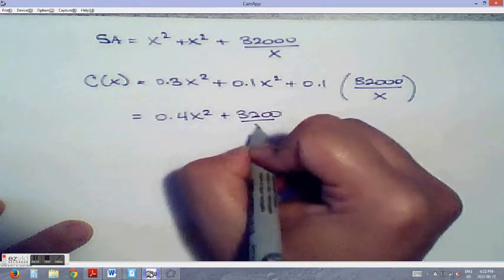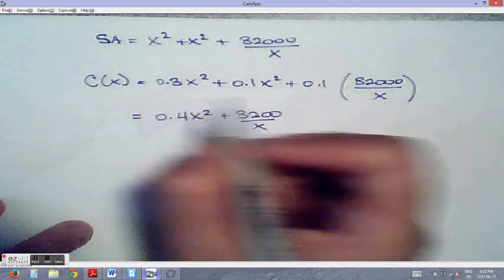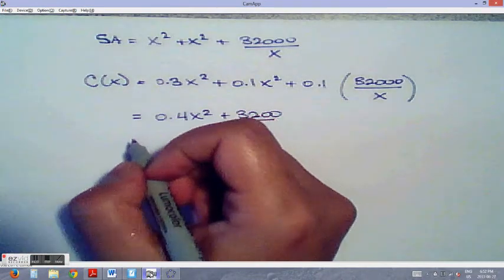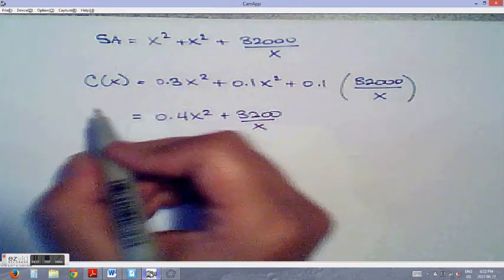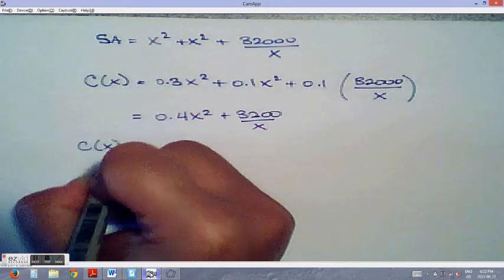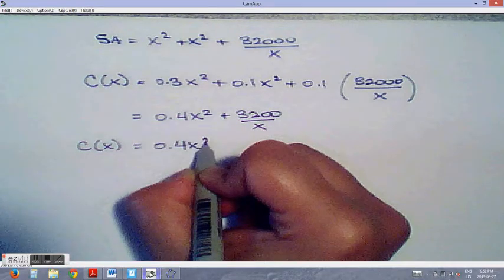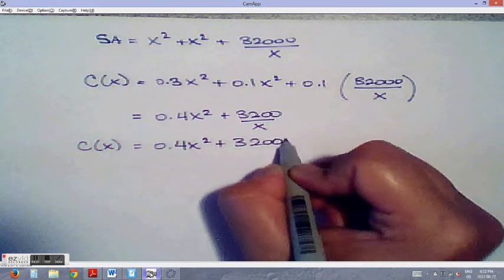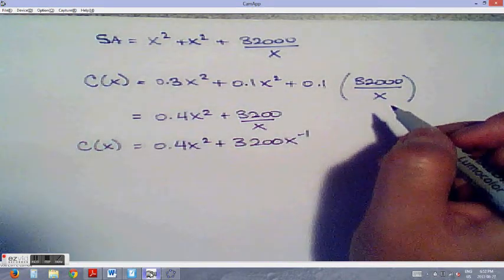Okay. Now, I'm going to change this just so that it'll make it easier for us to differentiate or to derive, which is another way of saying differentiate. You might hear me using that term as well by calling it derive.